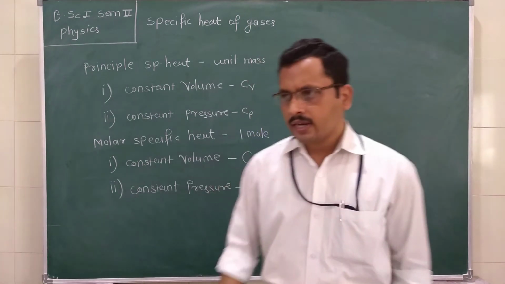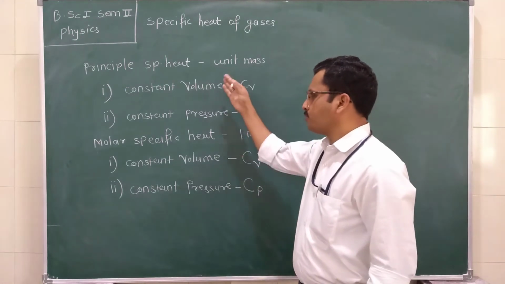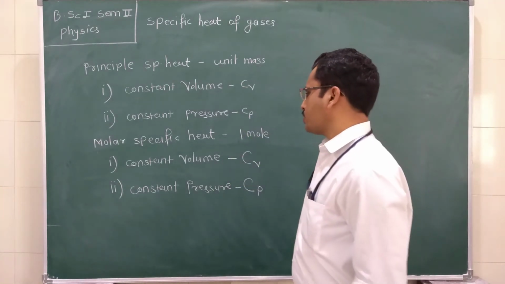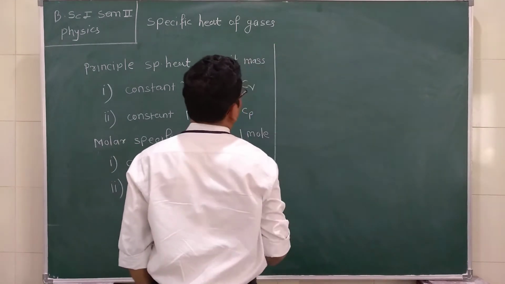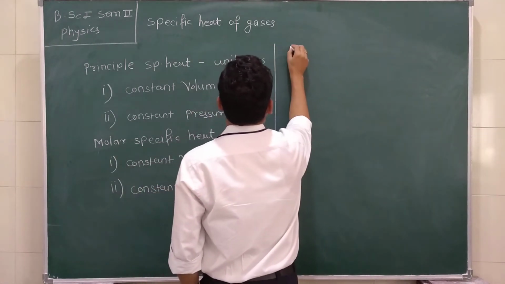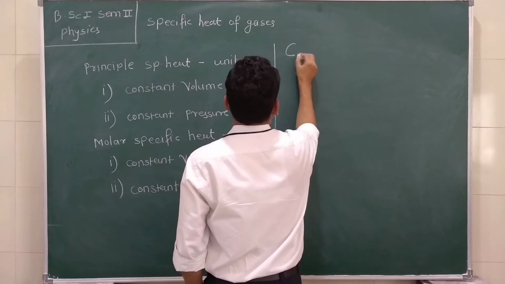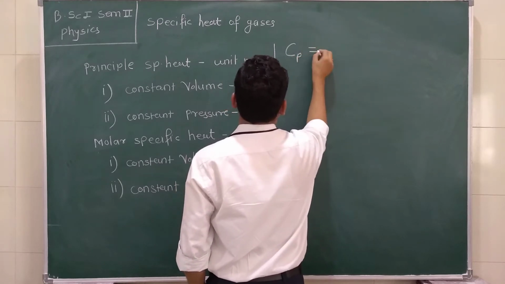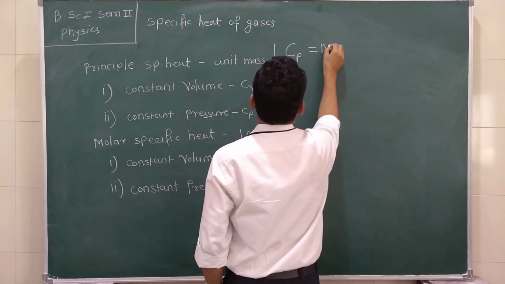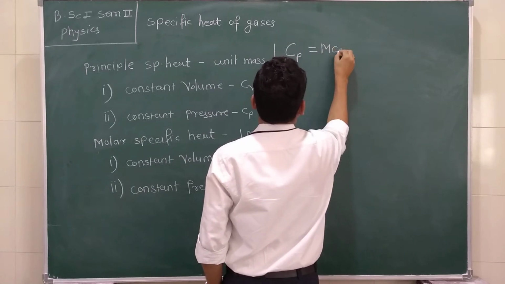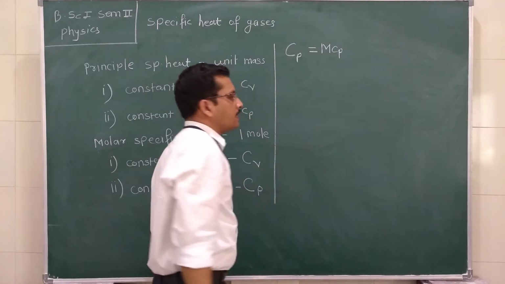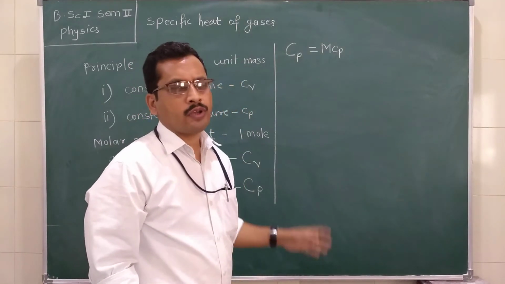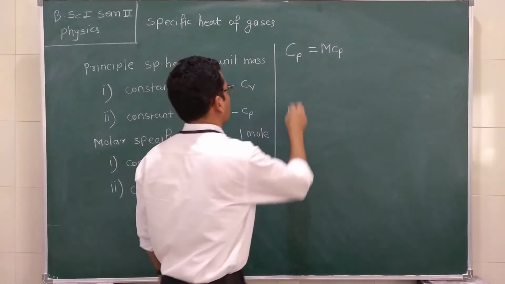Now there is some relation between this principal specific heat and molar specific heat. So what is the relation between these two specific heats? This Cp, that is molar specific heat at constant pressure, is equal to m into cp. Now what is this m? This m is nothing but the molecular weight of the gas.